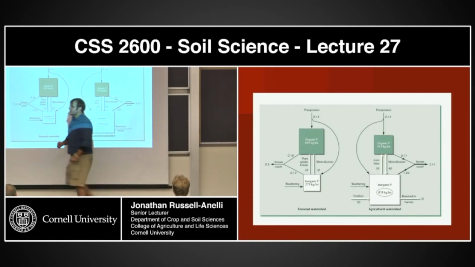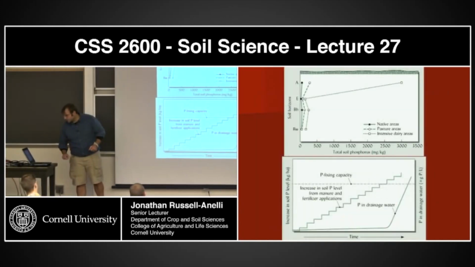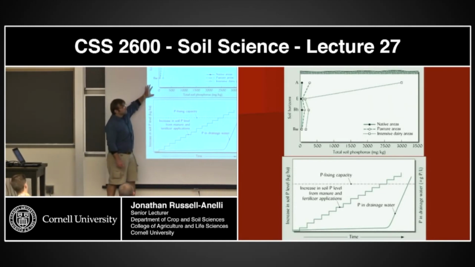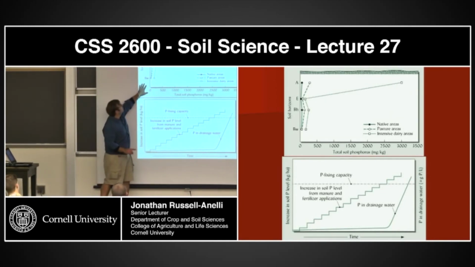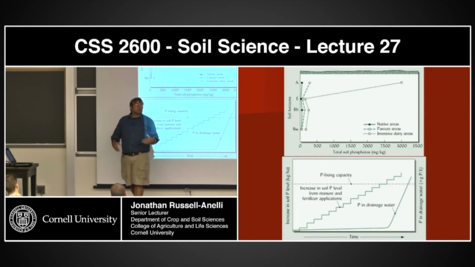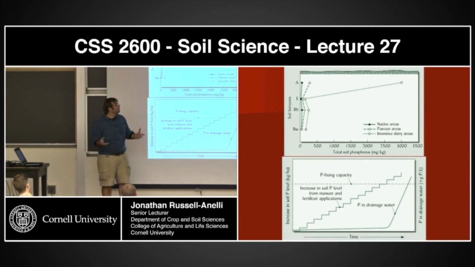Now this is a slide from your book. This slide right here. Let's take a look at this slide right here first, actually. These are soils, and there are 3 different soils, and we're basically looking at phosphorus levels in these 3 different soils. The dark green soil is a native soil. Imagine it being a forested soil.